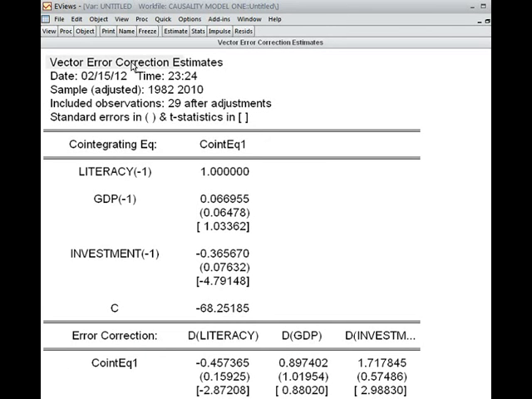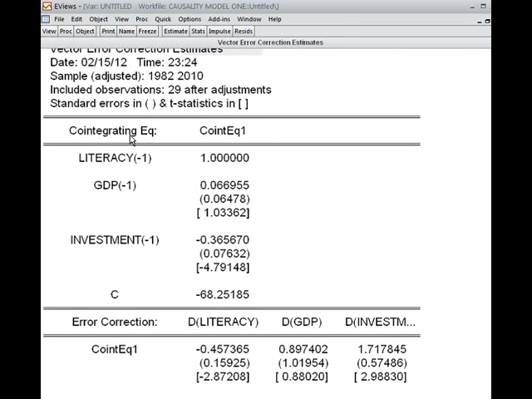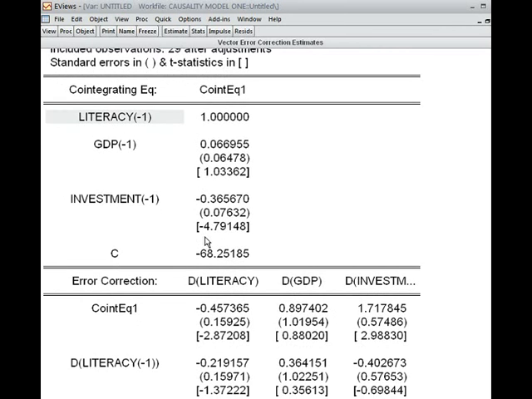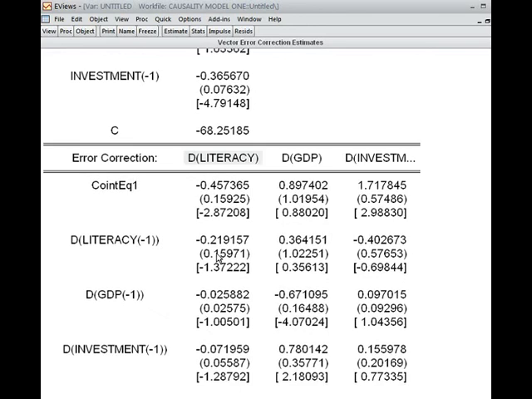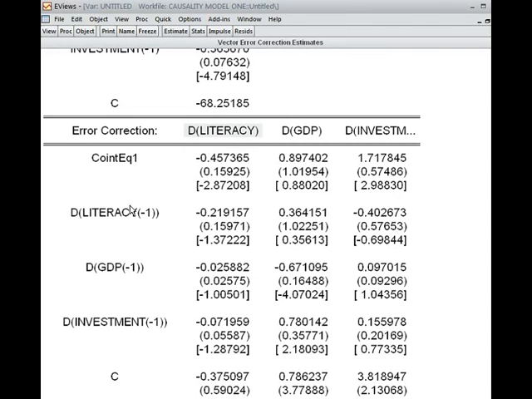Yes, this is my vector error correction model, and you can see the cointegration equation. Here the dependent variable is literacy, and this one is the cointegrated equation, and this is the error correction model, having lag 1.